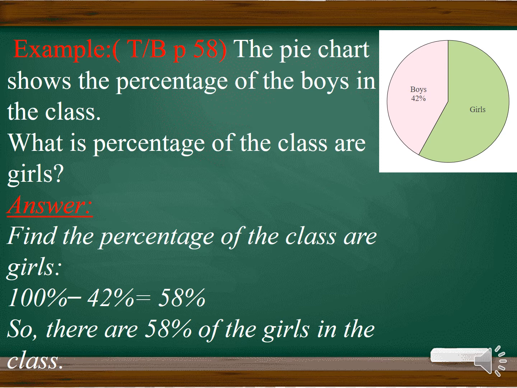So we need to find the percentage of the girls. So we get 100 minus the percentage of the boys, 100% minus 42% equals 58. Okay, so there are 58% girls in the class.